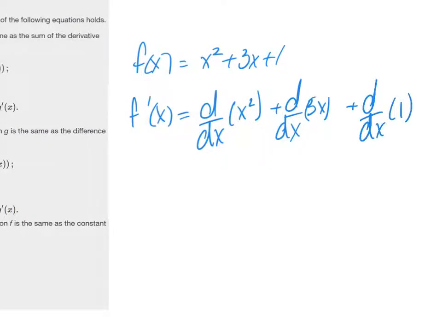That's all those theorems say. So a whole bunch of writing to just say I can take the derivative of each term individually, whether it's addition between them or multiplication between them. And so the derivative of this is going to be 2x plus 3 plus 0, 2x plus 3.